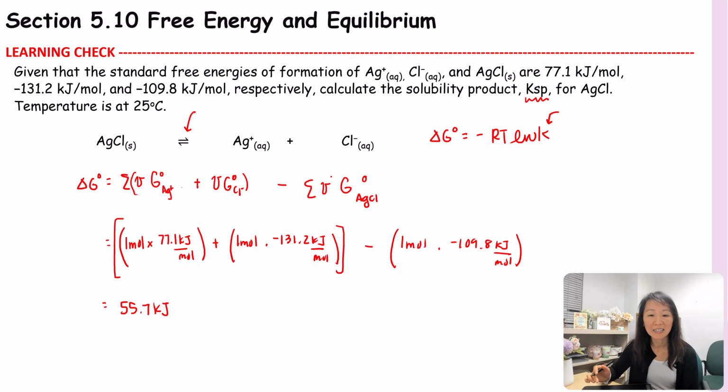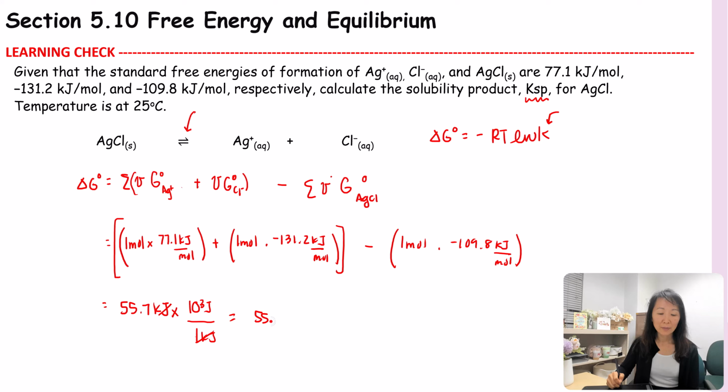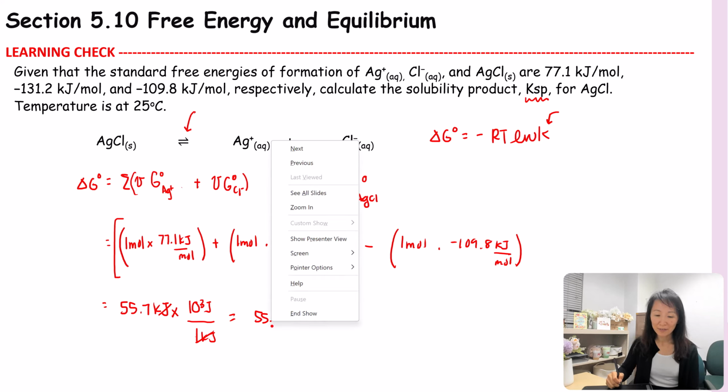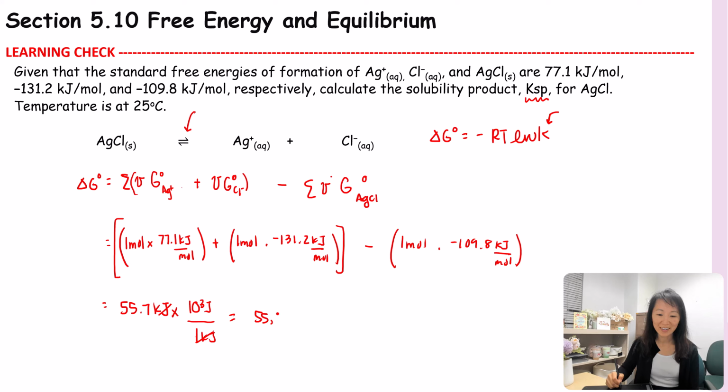So coming back, hopefully you got 55.7 kilojoules. So we want to convert this 55.7 kilojoules into joules. So we're going to multiply this by 1,000 pretty much. So 10 to the third joules is all over 1 kilojoule. So kilojoules cancels out and you get 55,700 joules.